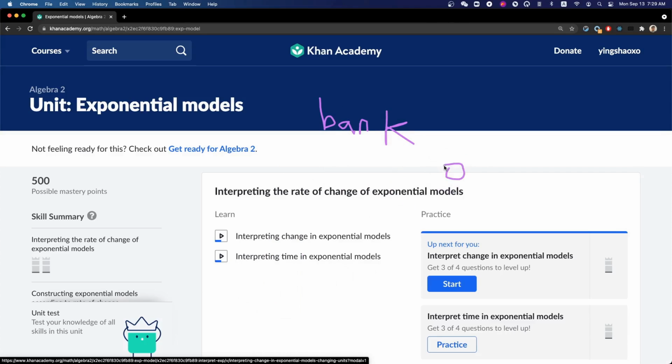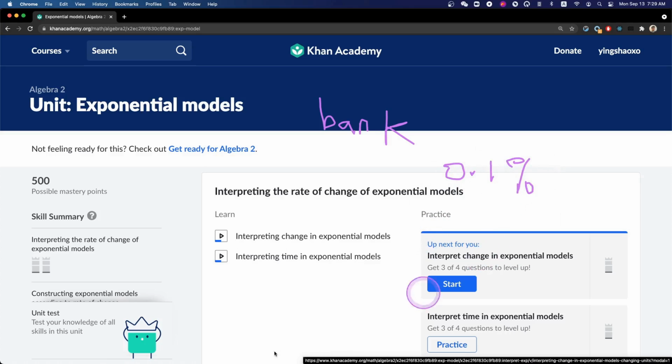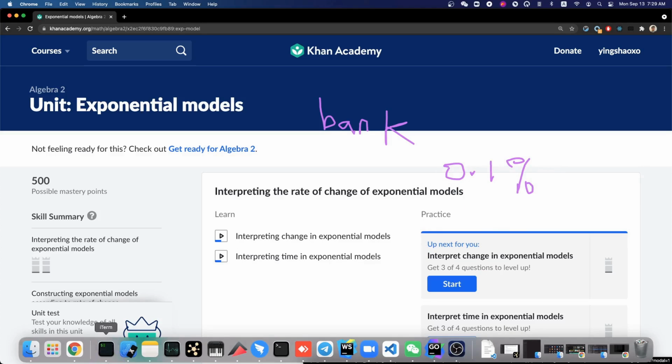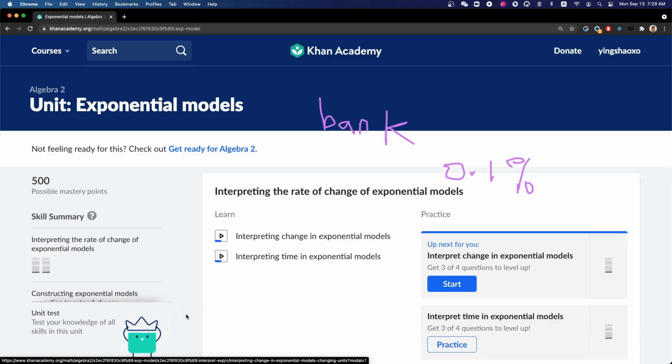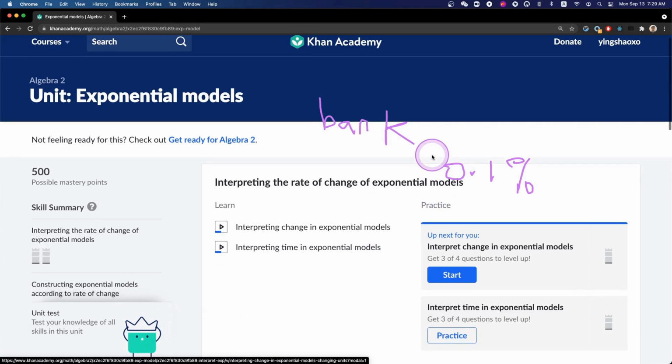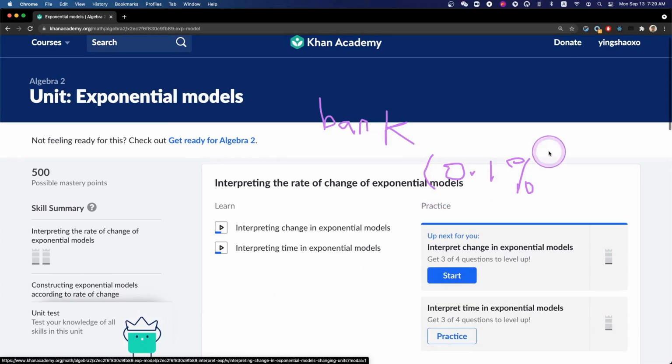For example, 0.1% profit each year for your money. And in this case, if you want to calculate the money you can get from that bank over years, for example 3 years, then you probably want to use something like this. You're going to raise that number to the power of 3. Okay, that's one example use for that exponent idea.